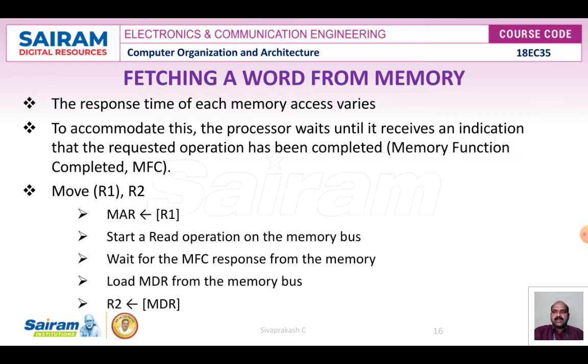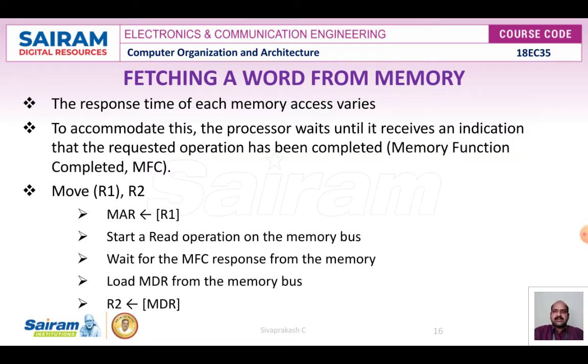This MFC signal is sent from the addressed device to the processor. So the memory function complete informs the processor that the requested operation has been completed by the addressed device.